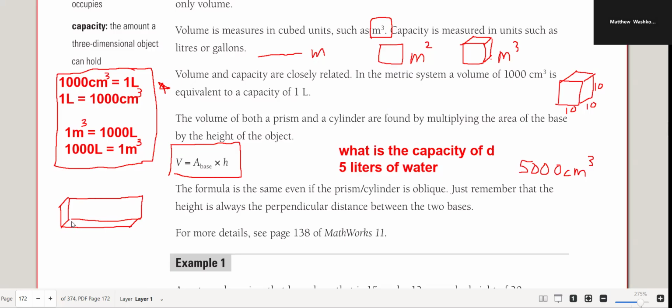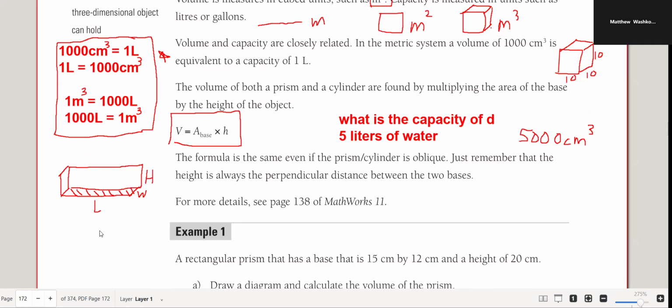This part is the base, right? So if I find the area of the base, that's a length times a width thing, right? And then I multiply that by my height.